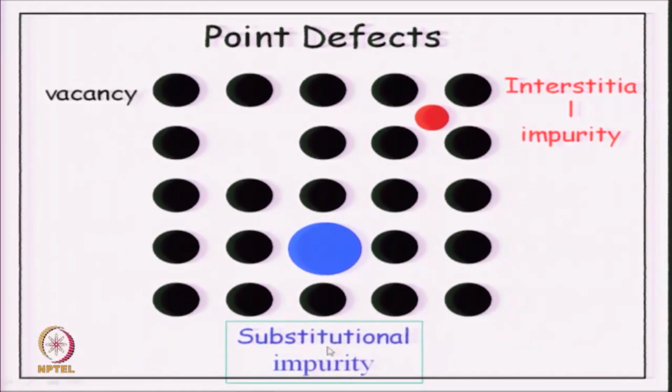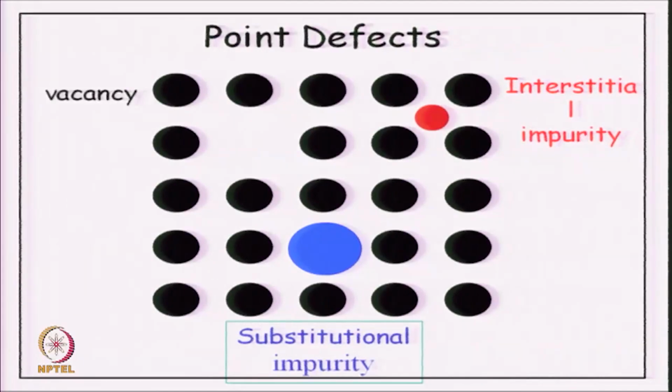You have met interstitial and substitutional solid solutions when we discussed that topic. So, now we are looking at these atoms, which are located either in the interstice or at an atomic site but are a different atom, as point defects. So, they are interstitial and substitutional point defects.